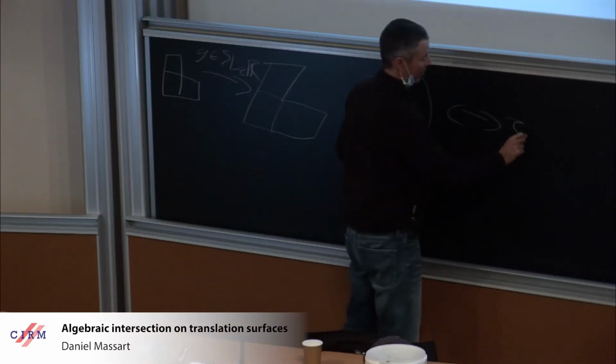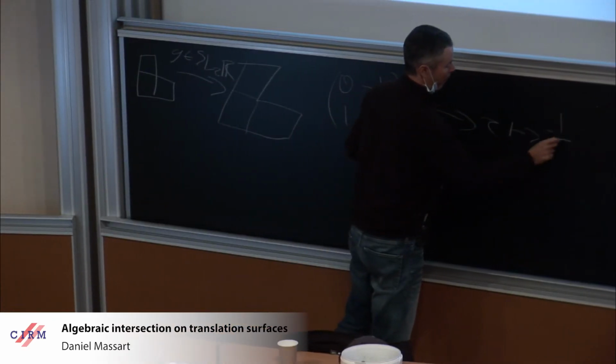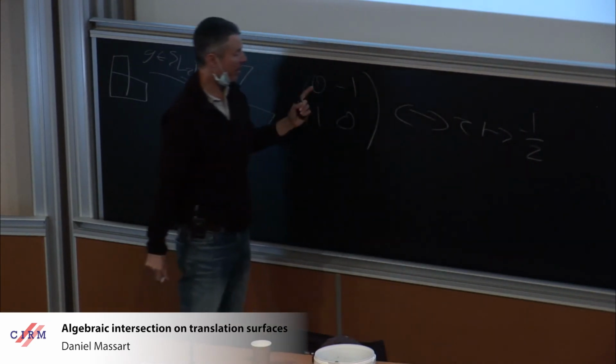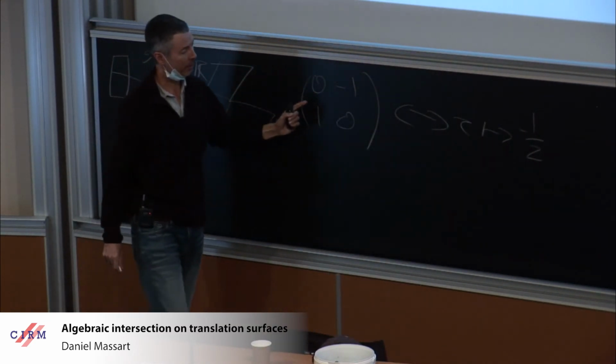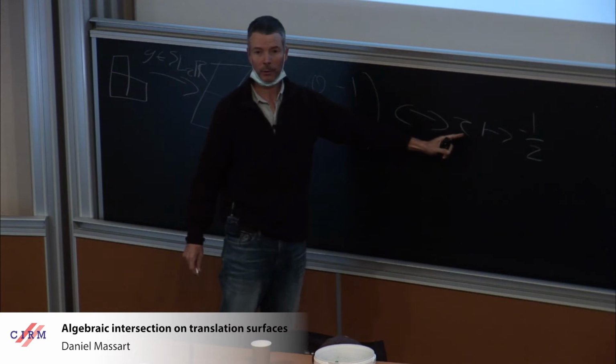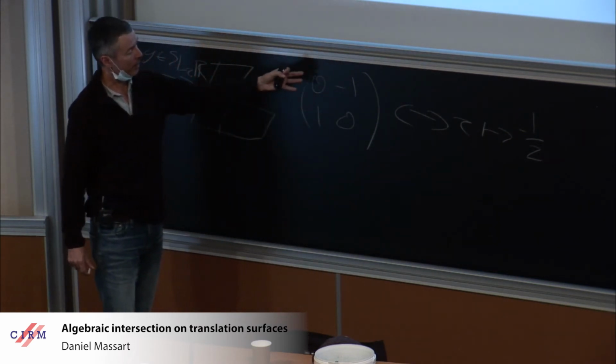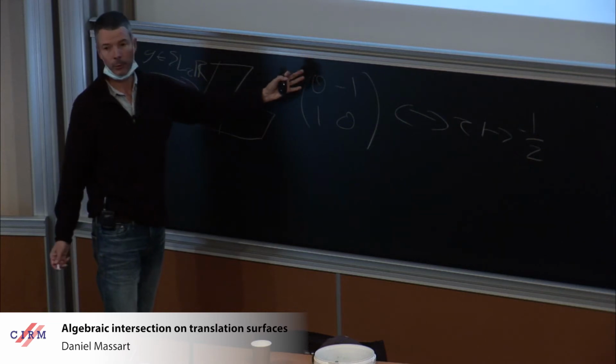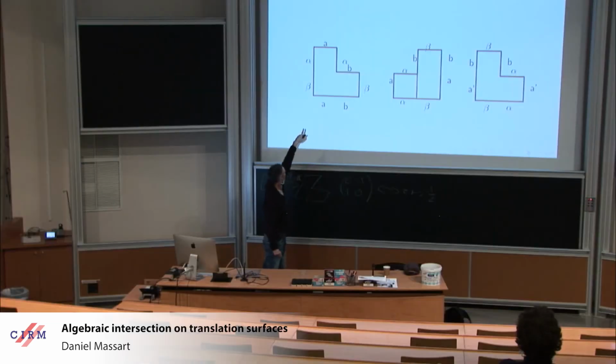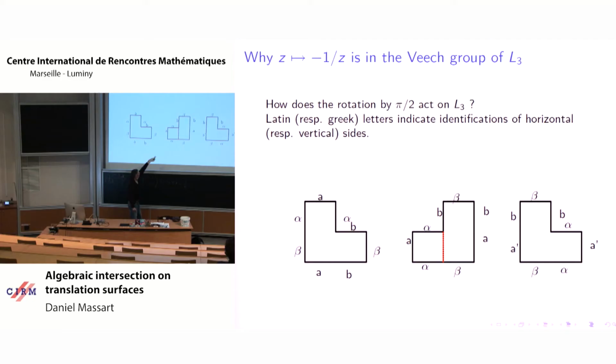So this is the element of SL2R which is associated with this Möbius transformation. So as a linear map, it is only the rotation by pi over 2. So I take this surface and I rotate it by pi over 2. So you see that the Greek letters, which label the vertical sides, here label the horizontal sides.